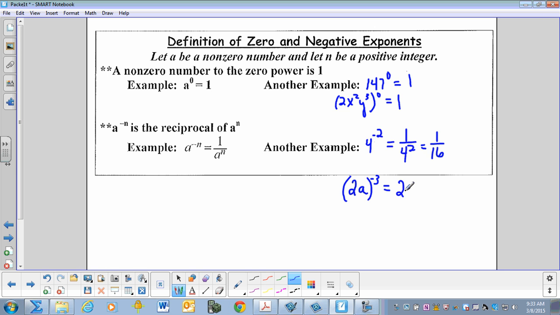So 2 to the negative 3, a to the negative 3 equals 1 over 2 to the third, which is 8, a to the third.